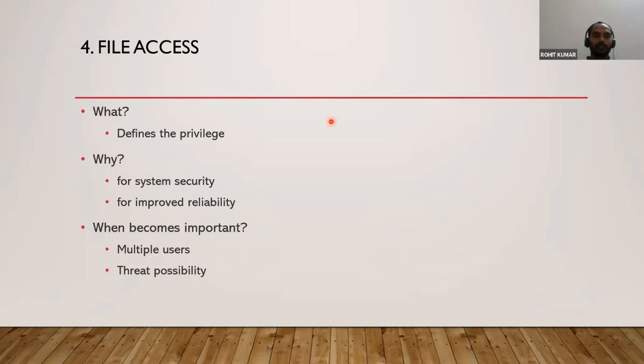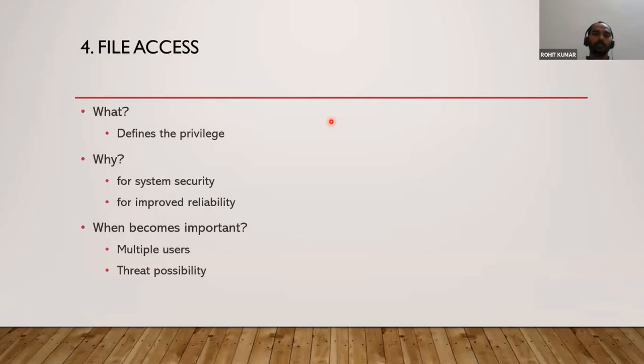Now, when does the concept of file access become important? It becomes important when we have multiple parties, meaning multiple users. If you are the sole user of your system, then you don't need to incorporate security because there is no internet access. Nobody can intrude into your system and get your files, and hacking is not possible.